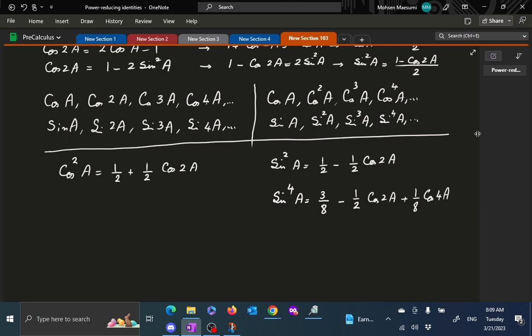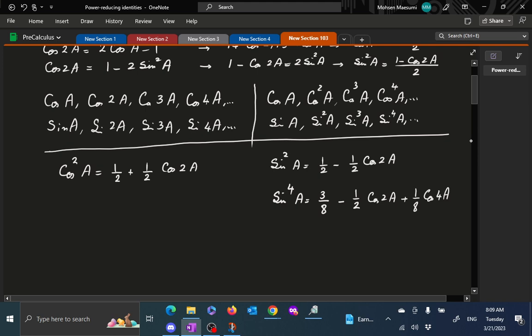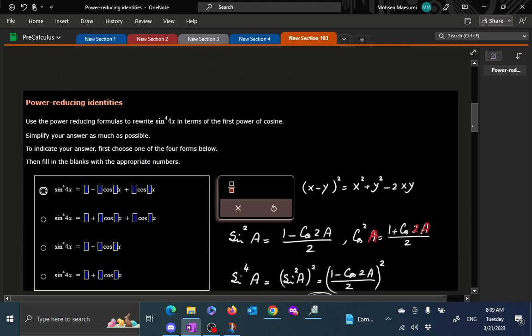Okay. So this is a power reducing, power 4. On the right hand side, we only see power 1. At what cost? At the cost that the multiples are going up and the expression is foaming up and becoming lengthy. So what is it that is asking here? It's asking sine to the power of 4 of 4x. This 4x is a minor issue.